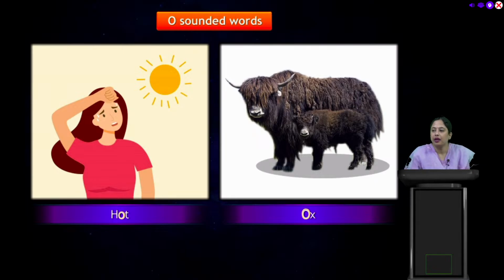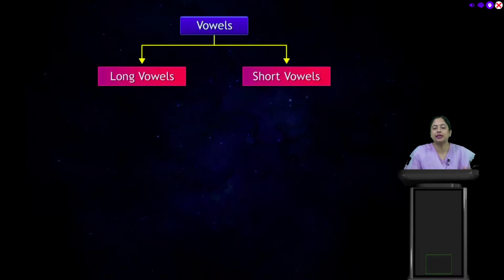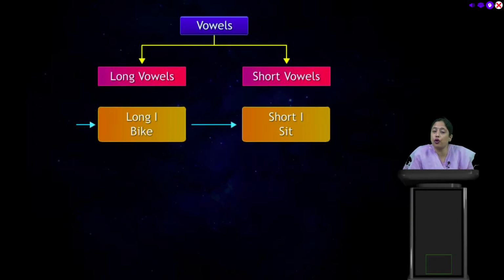So here the O is the O sound. That means just like the letter I, the vowel letter O also has more than one sound. Sometimes it is O as in box or ox.